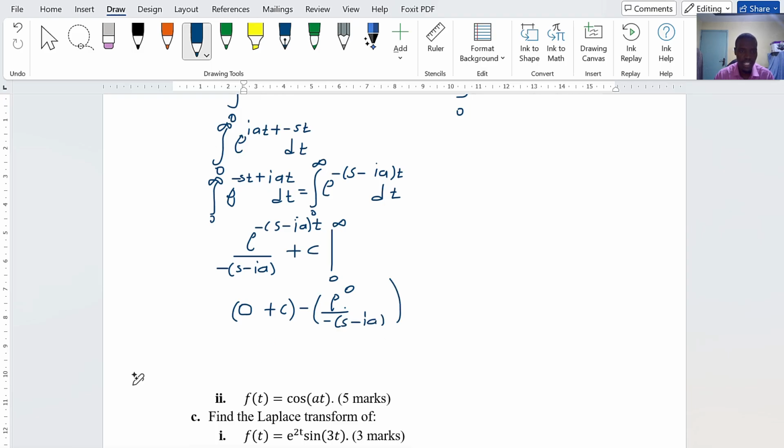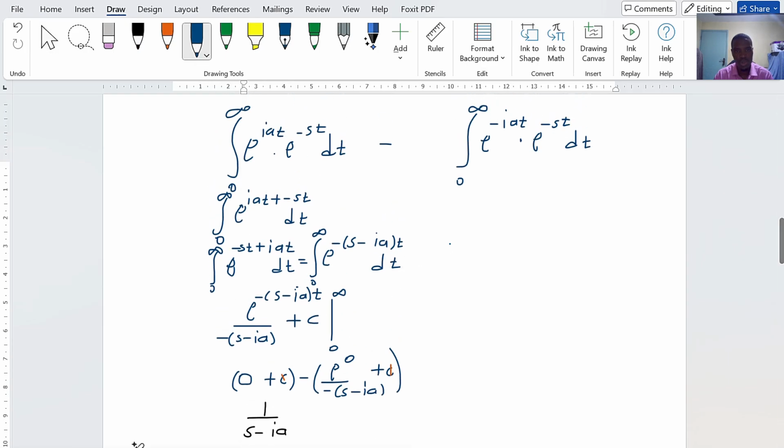Correct. Now c cancels c, and the negative becomes positive. So the value here, the Laplace transform for this part, will be 1 over s minus ia.